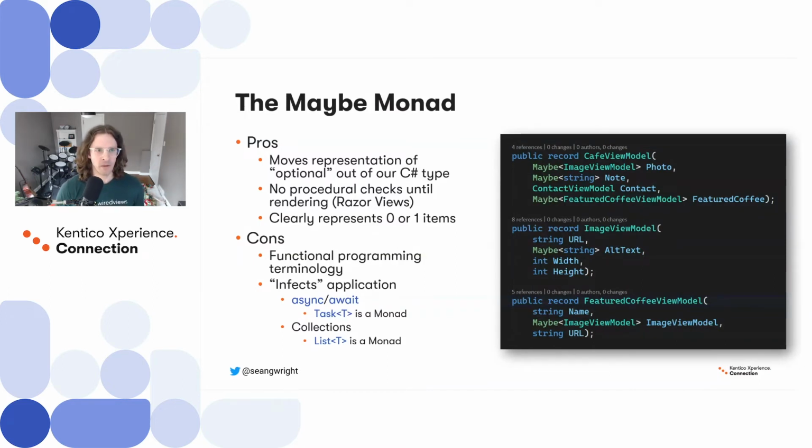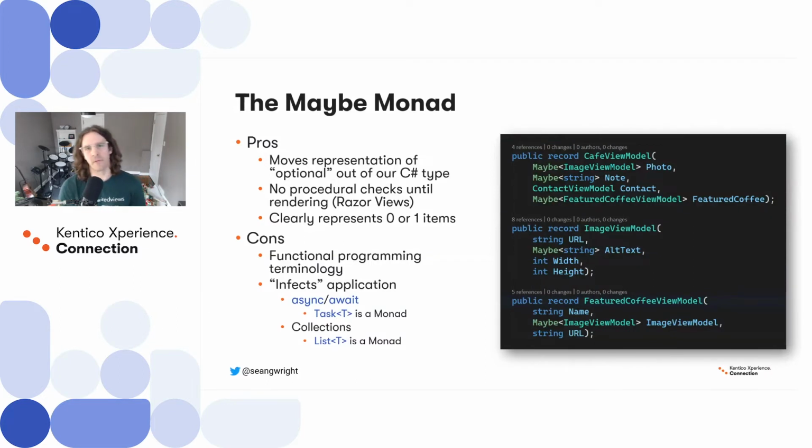The cons? Well, a monad is functional programming terminology, and that can be intimidating to a lot of developers. And also, maybe as a monad tends to infect an application in the same way that async await or task and collections do. If you start using a collection or a list in one part of your application, that typically bubbles up through the whole application to the point where you're either returning that data or rendering it.